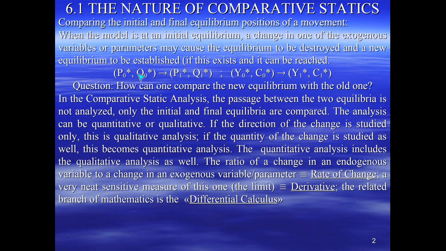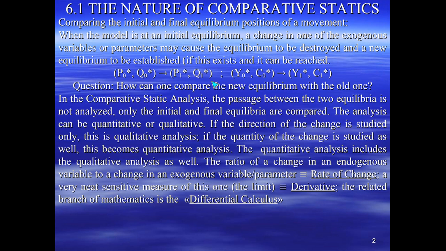P is price, Q is quantity demanded, the equilibrium quantity of a market where supply and demand are equated. And it passes from Q0 star to Q1 star. Star or e means equilibrium situation. So this Q is not any Q, but Q0 star is the initial equilibrium value of the quantity of a good, and Q1 star is the final equilibrium position of the quantity of this good.